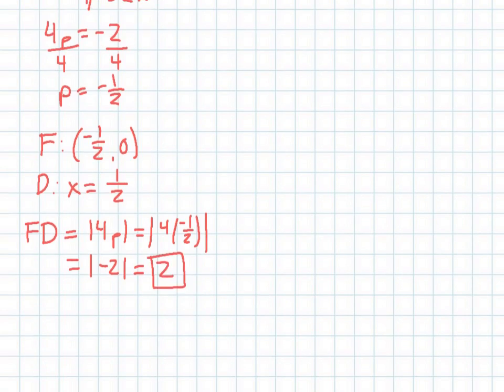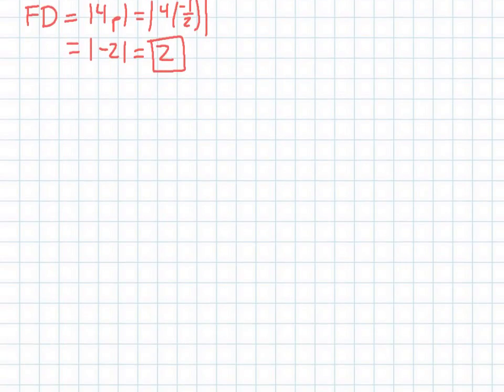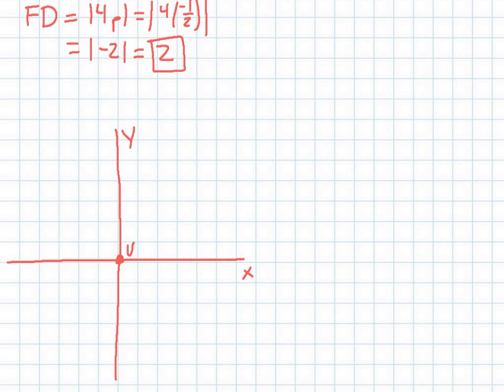Okay, so now that you have all the pieces of information, now you can graph. So you know that your vertex is 0, 0. Then we graph our focus.